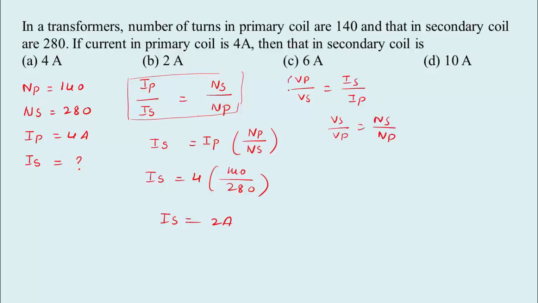So in place of Vs by Vp, we can use this relation. So Vp by Vs means we can write it as Np by Ns equal to Is divided by Ip. Right? So we can use this relation so that we will get the answer 2 ampere, that is option B.